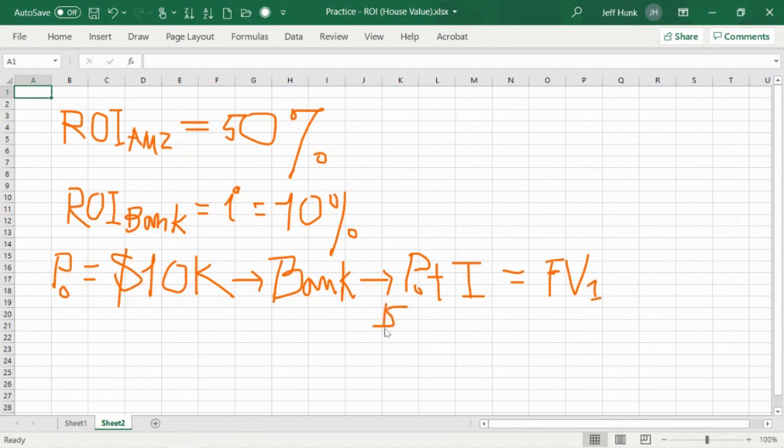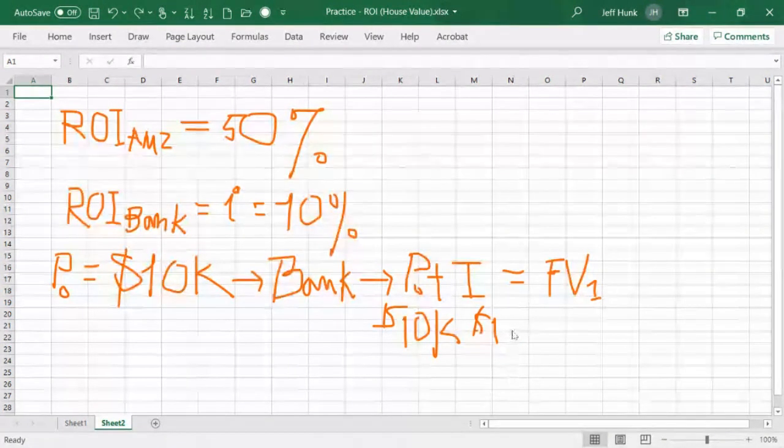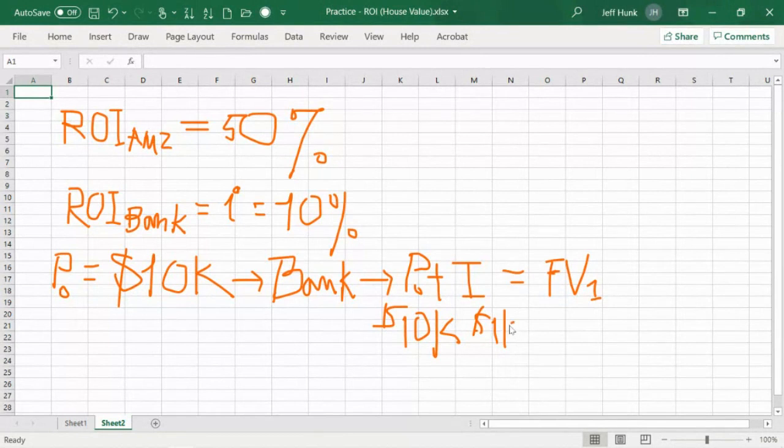Since your principal was 10K and your interest is 1K, 1,000, right? So 1 year later, you're going to have 11K there, and that 11K is called future value, okay?